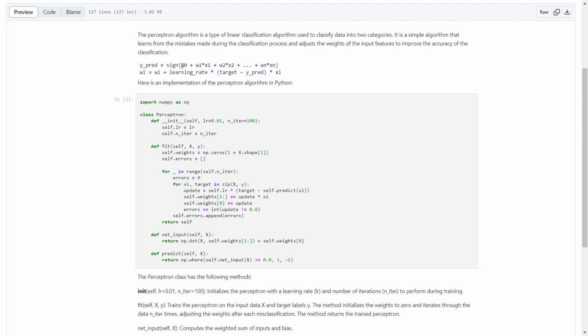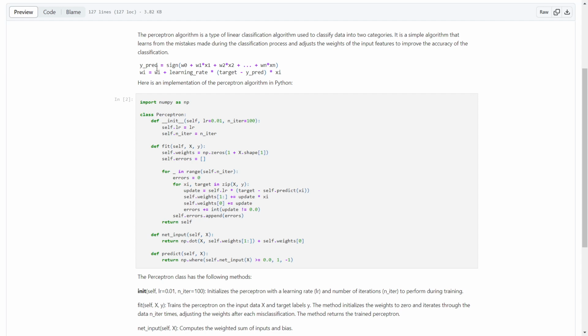We generally add the bias term, or whatever w0 was there, and other than that, w1 x1 plus w2 x2 plus wn xn. Here I think we are not using any step function in the end. The second thing is the ith weight: in the initial stages, we'll initialize it with zero or something random.